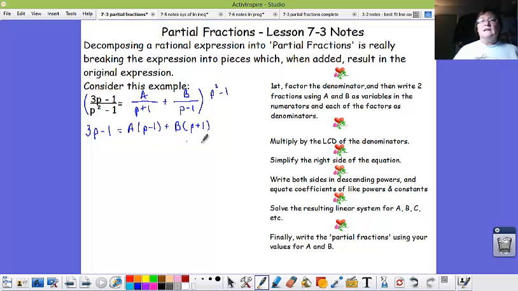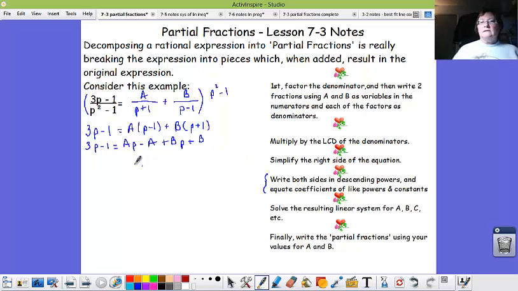No more fractions. It says next that we should simplify the right side, and that's here. So we're going to distribute a little. 3p minus 1 equals Ap minus A plus Bp plus B. Now it says this, and I had to read this one a couple of times when I was learning this. Write both sides in descending powers and equate coefficients of like powers and constants.